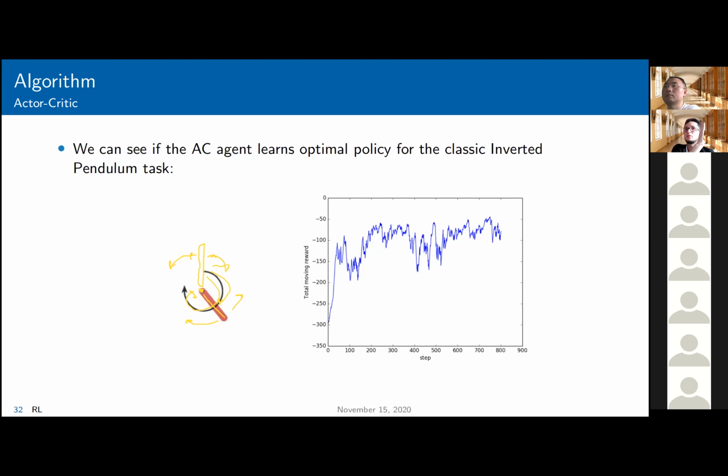And the reward, I think the reward can be modeled in different ways, but the essential meaning is how far the current angle of the pendulum is from being up.